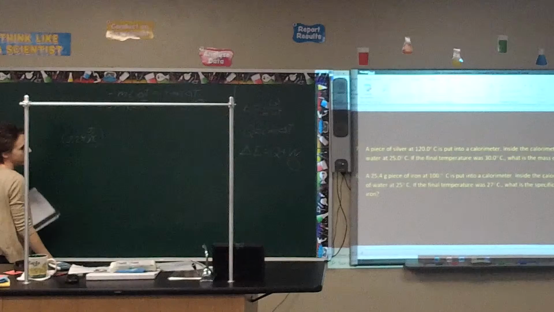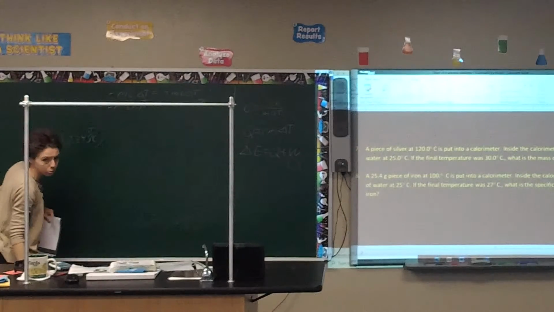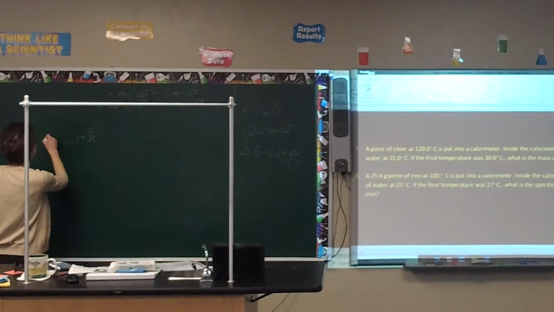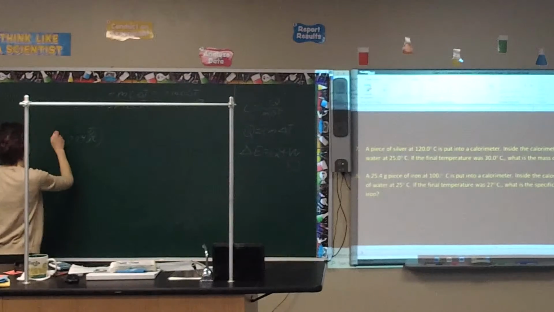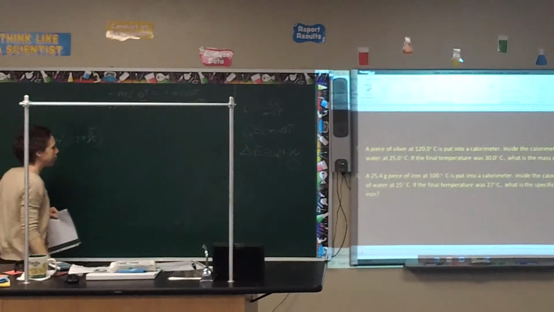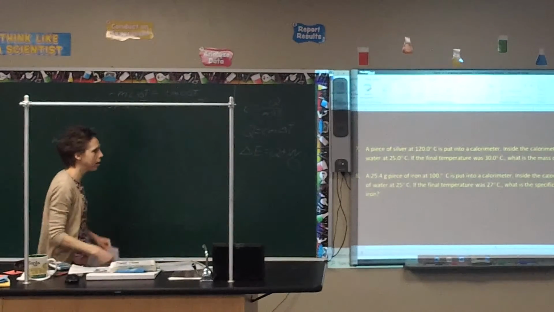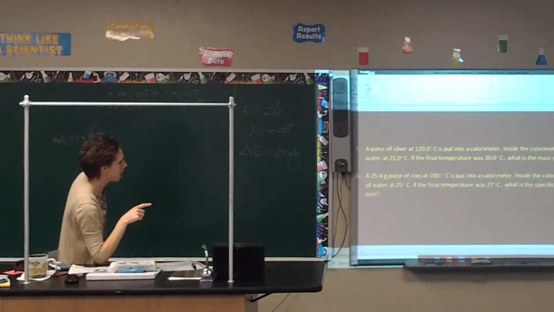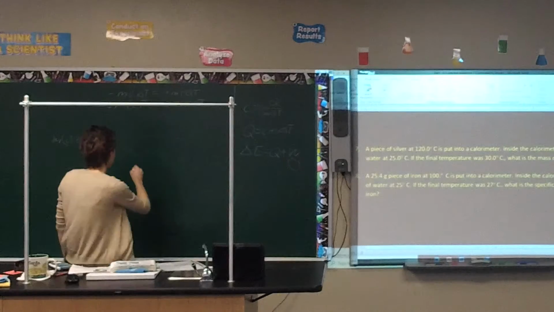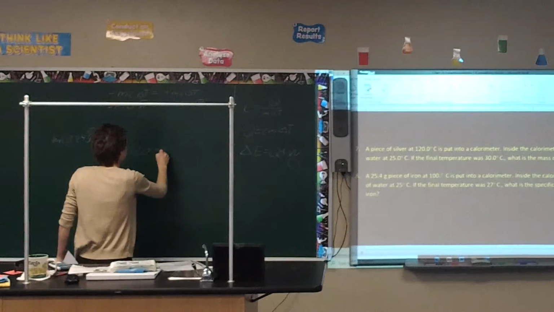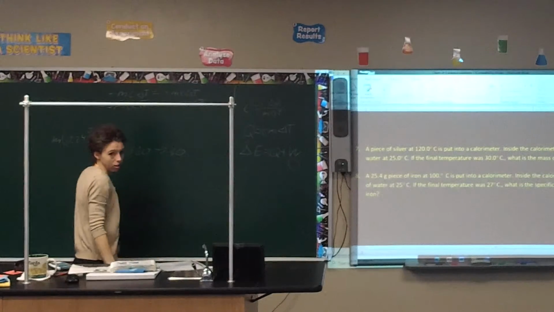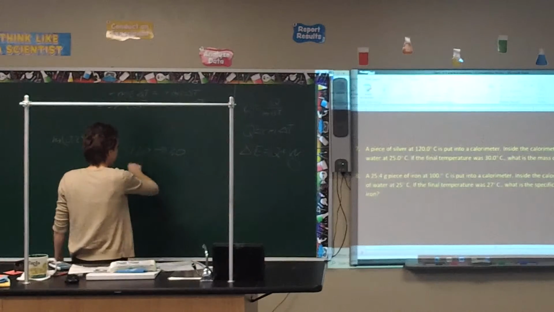What's the mass? Right, so that's what we're trying to find. So I'm just going to write M so y'all remember to find it. Alright, temperature change for silver. It went from 120 degrees Celsius, and then the final temperature was 30 degrees Celsius. So subtraction, remember, is final minus initial.